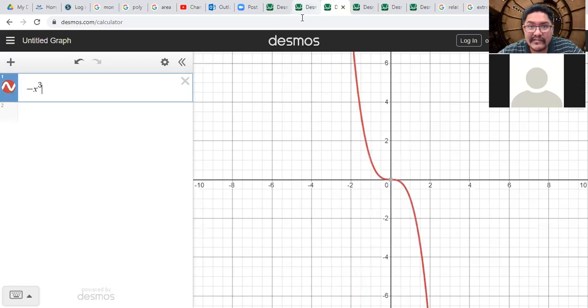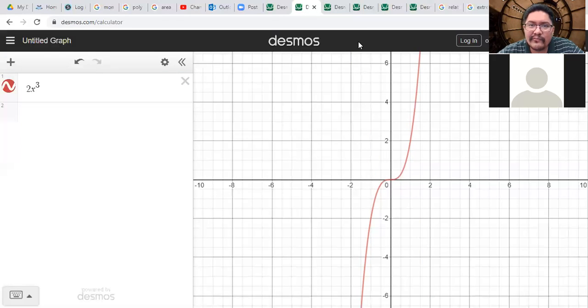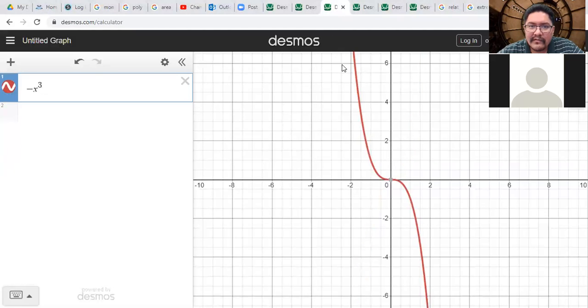It's switching direction. They're both cubic functions. Now that 2 does make a difference, but it's not a really big difference. But a lot of these functions will follow patterns on how they behave. So that's going to be a little bit important later.